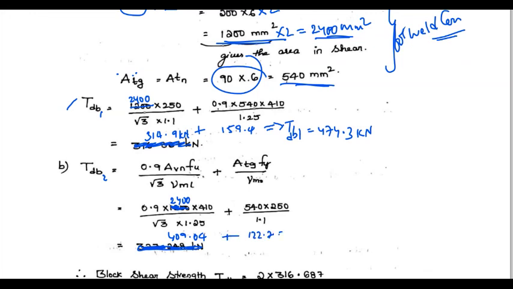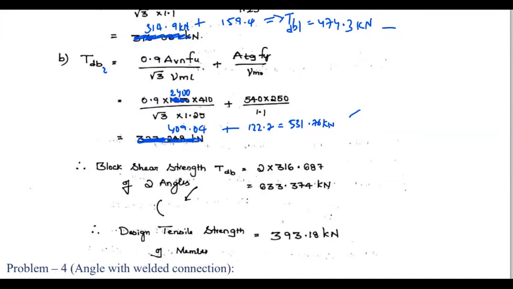Adding these two will give you 531.76 kilonewton. The least of these two values should be taken as the block shear strength. So what is the block shear strength here? Tdb is equal to 474.3 kilonewton, isn't it?